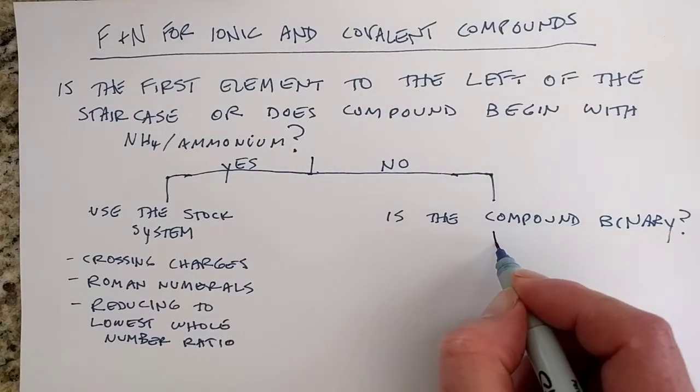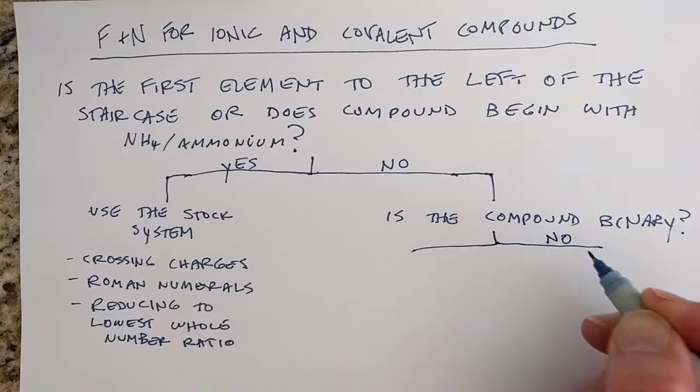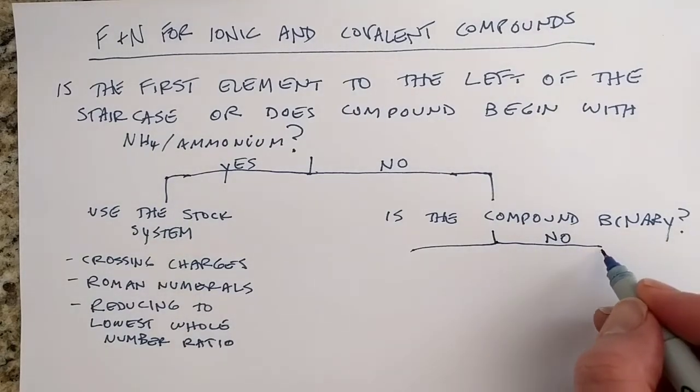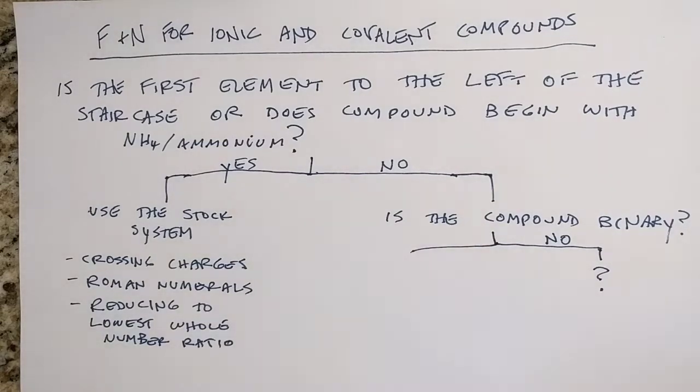If it's not binary, it has three or more elements, and we're not going to do those naming systems. They're a little more complicated, and if you take organic chemistry at some point, you might get into that.